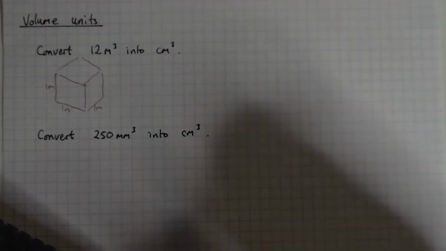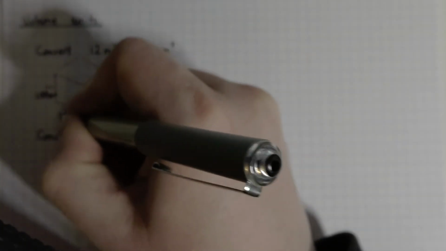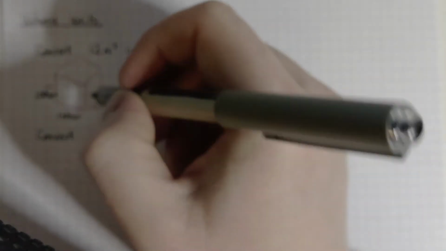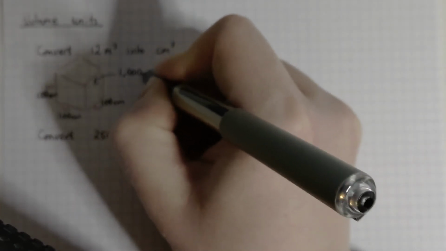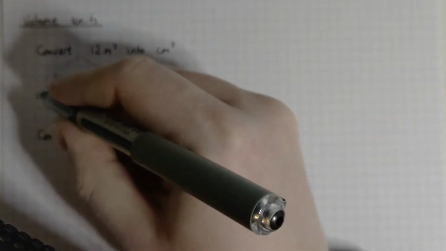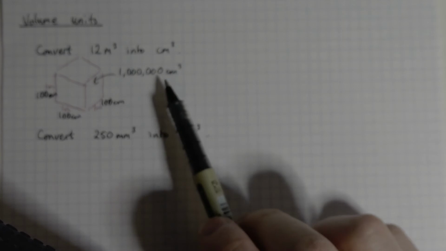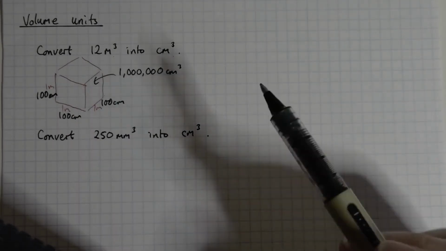If I measure it all in centimeters, then that's 100 centimeters by 100 centimeters by 100 centimeters. And 100 times 100 times 100 is 1,000,000 again, isn't it? So we've established that there are 1,000,000 cubic centimeters in 1 cubic meter.